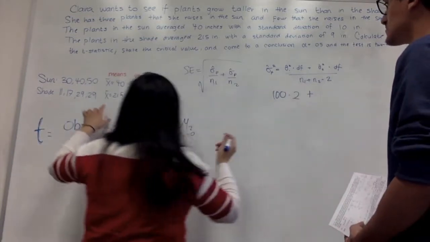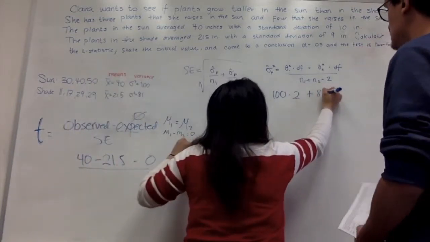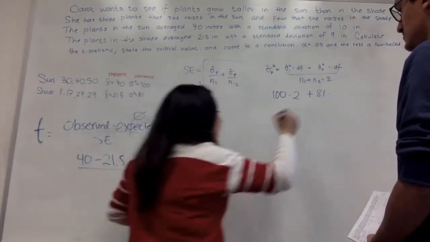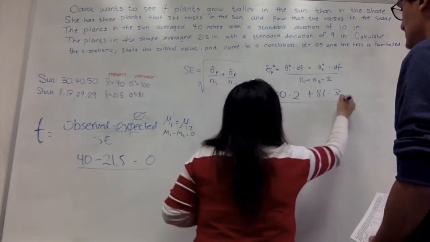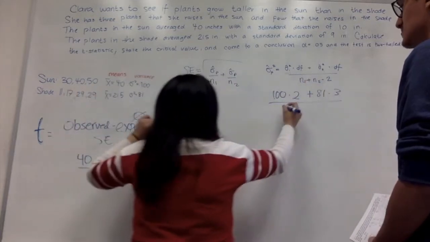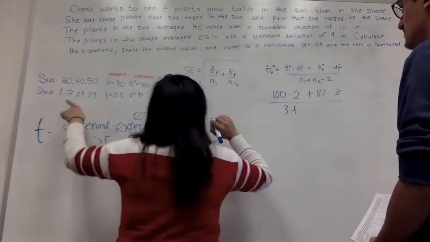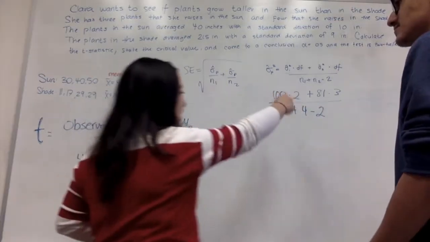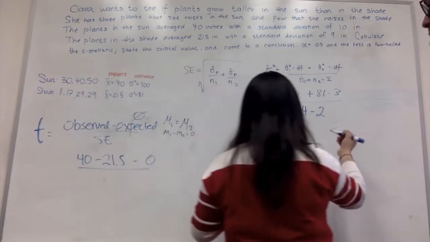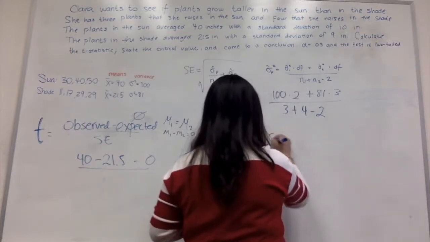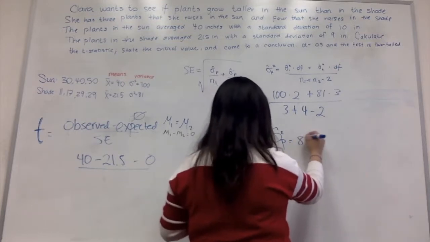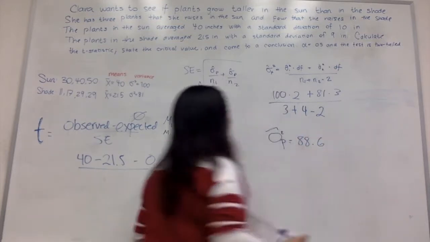Plus our other one, which is 81, times the degrees of freedom, which is 4 minus 1, is 3. Over n1, which is 3, plus n2, which is 4, minus 2. So we're going to do all the math, and we're going to get as our pooled variance 88.6. We're not done yet.